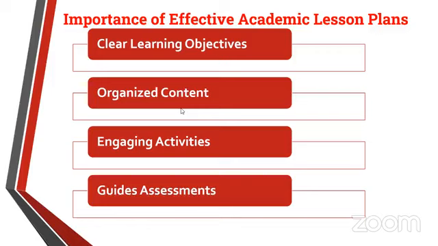What do I mean when I say clear learning objective? When we write the objectives of our lesson for the next day, we have to take into consideration objectives that are able to be measured. I cannot write, for example, by the end of the lesson, the student will understand this and this and this.